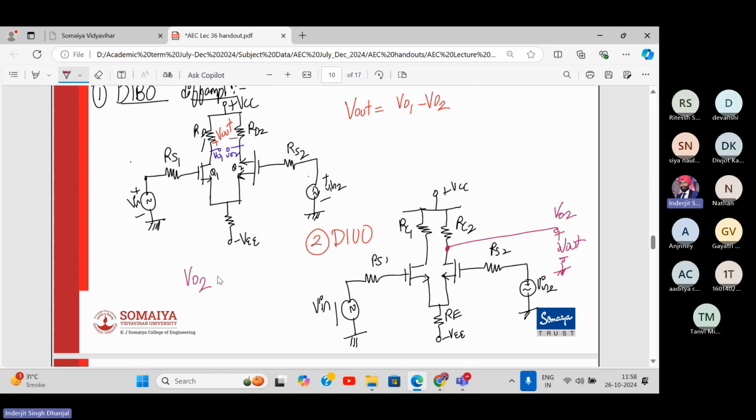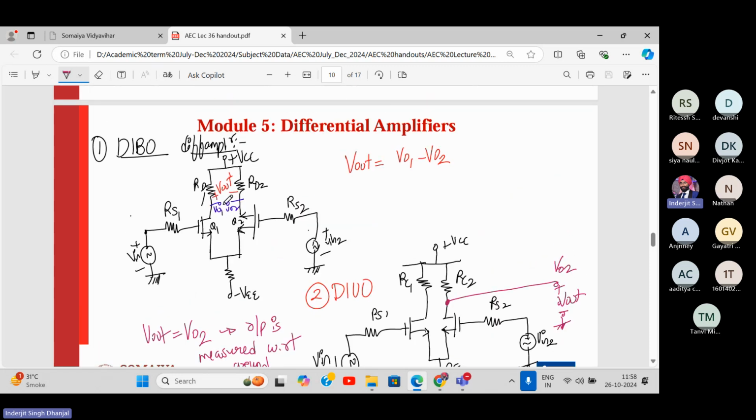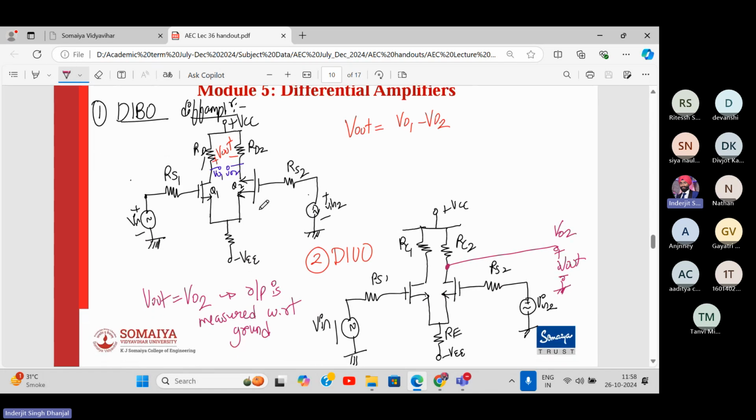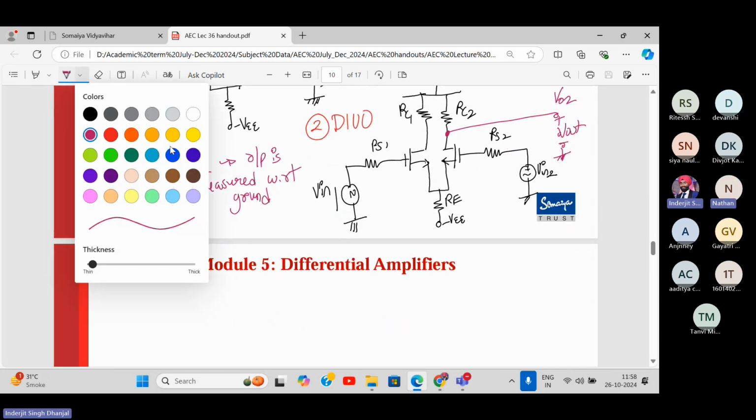Here Vout equals VO2, the output is measured with respect to ground. Remember that this is measured with respect to ground, whereas in case of a balanced output, it is measured with respect to each other. All right. Can I go for the next one now, students? Completed this much? So 1 second.